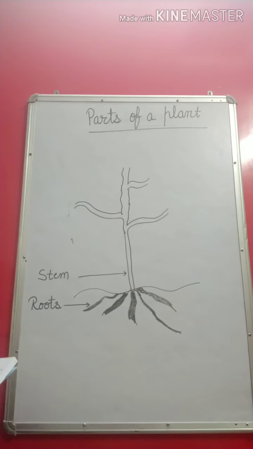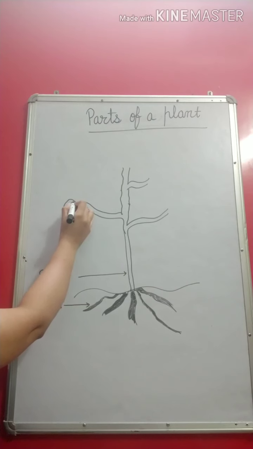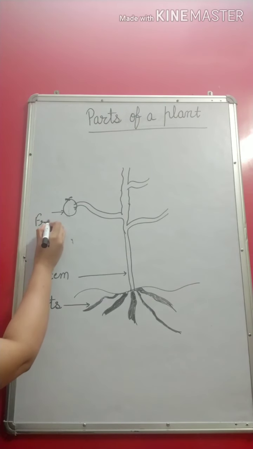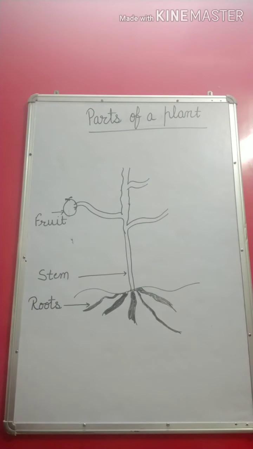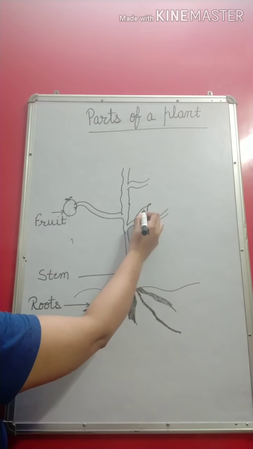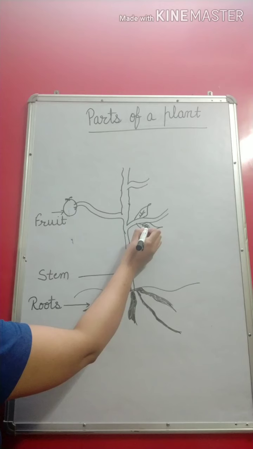And then on these branches, sometimes we do have fruits. Any fruit you can draw here. If I draw like this, it can be. So this is what? Fruit. F-R-U-I-T, fruit. And then on the branches we also find leaves, green leaves, which make the plant much more beautiful.